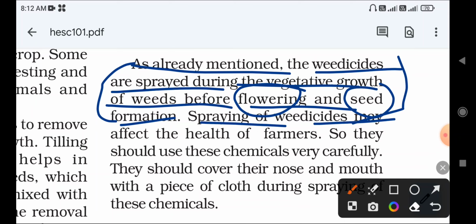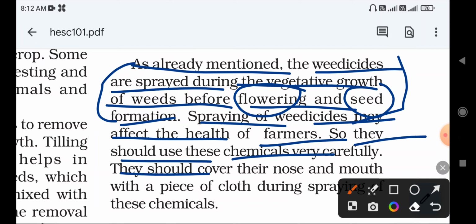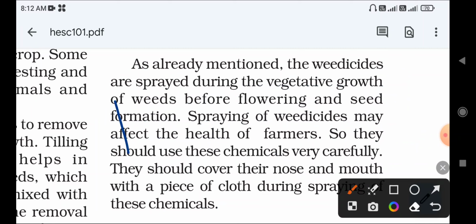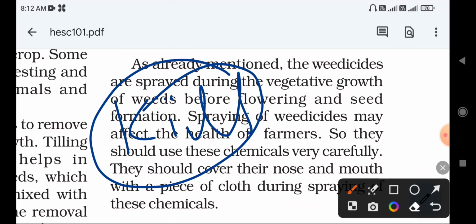Spraying of weedicides may affect the health of a farmer, so they should use these chemicals very carefully. They should cover their nose and mouth with a piece of cloth during spraying. These chemicals will kill the weeds, but they are also harmful to the farmer.